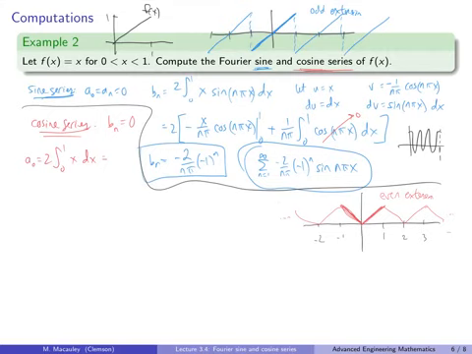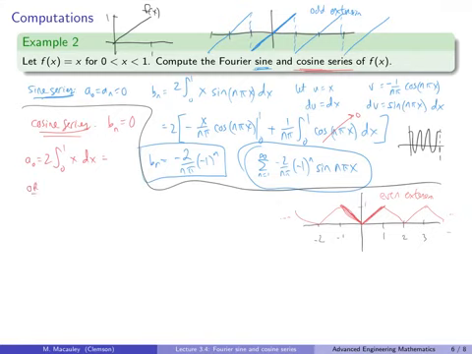Well, before we do that, let me just remind you that we know something about a naught. We know that a naught over 2 is the average value. And what's the average value of this function? It goes up, it's piecewise linear. The average value is clearly, so this is 1, is clearly 1/2.